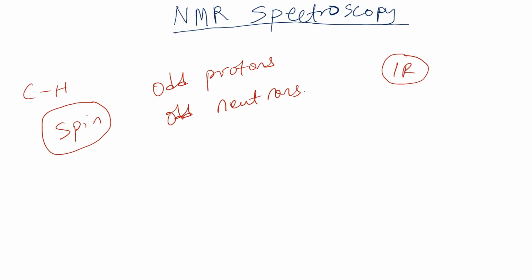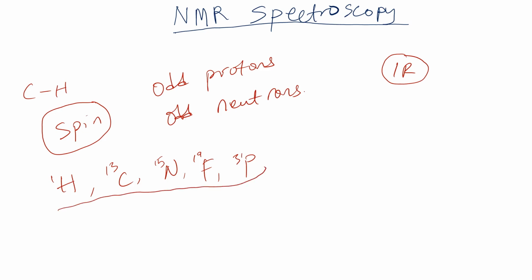Examples of such are hydrogen, proton, carbon 13, nitrogen 15, fluorine 19, and phosphorus 31. All these nuclei have a spin state.